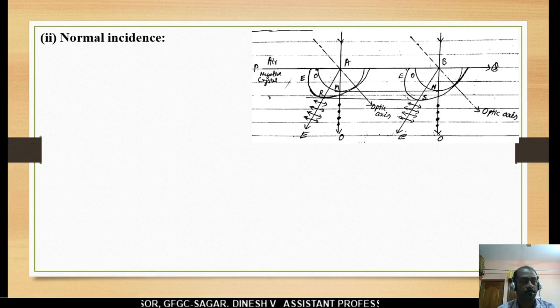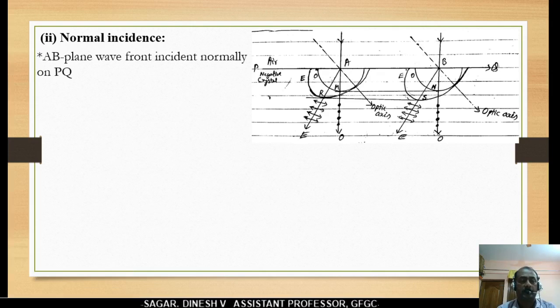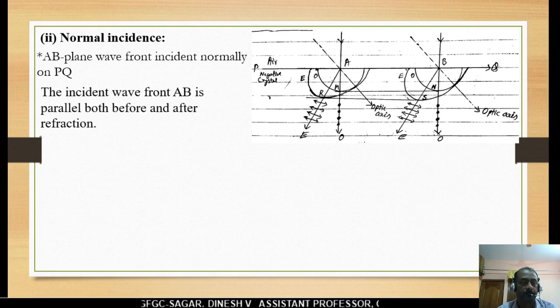Let us discuss the second case, normal incidence. See the diagram. Let AB be a plane wavefront which is incident normally on the surface PQ of the negative crystal.